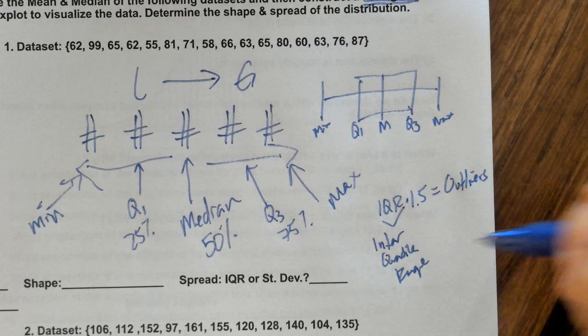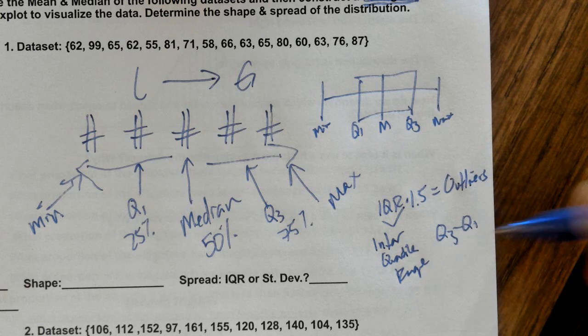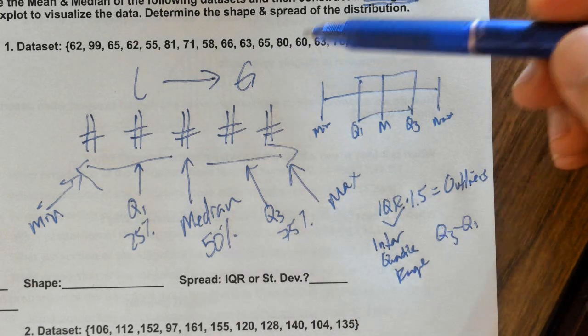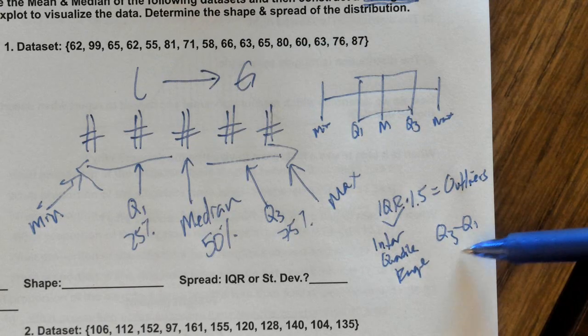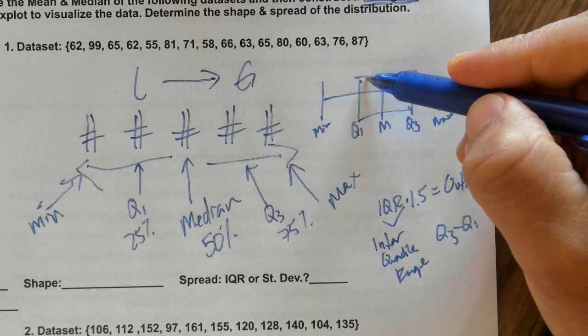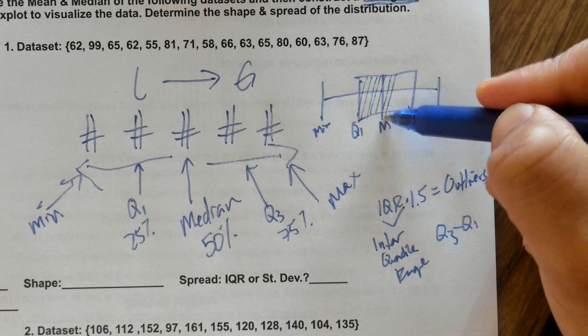So Q3 minus Q1. Whatever number you end up having in your data, you subtract that number minus the first number, and you get a number here for your IQR. That's basically your spread for this information.